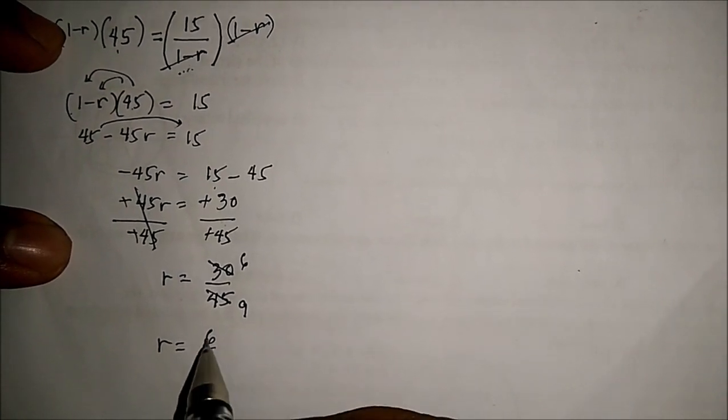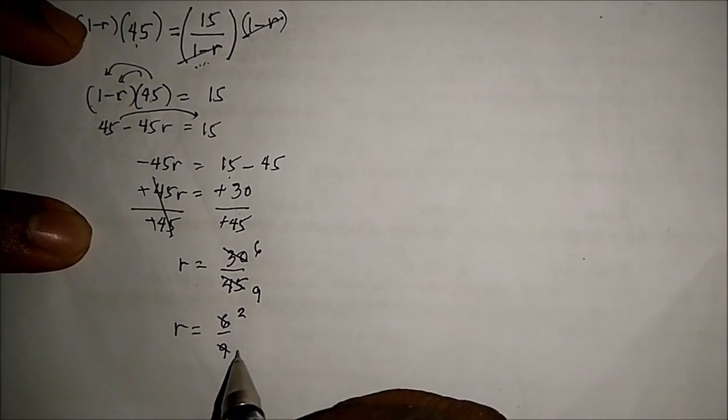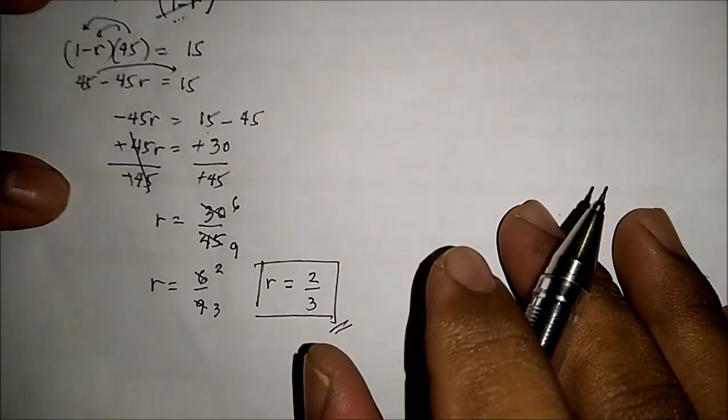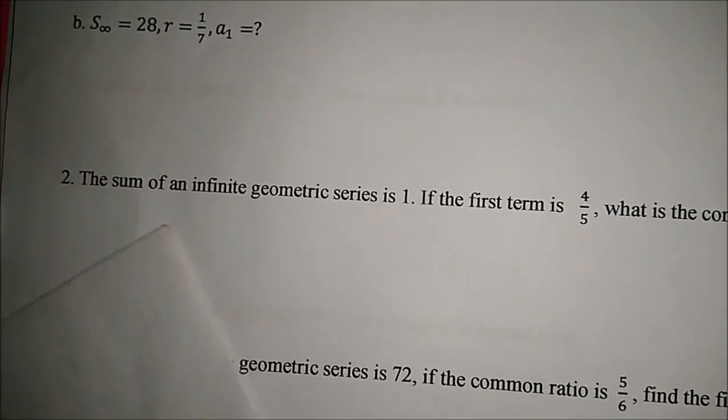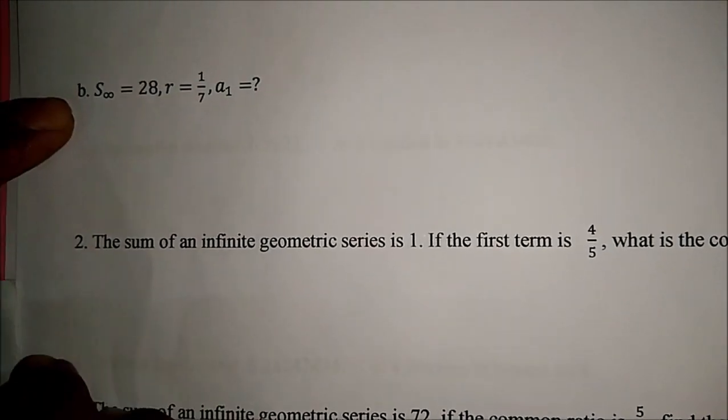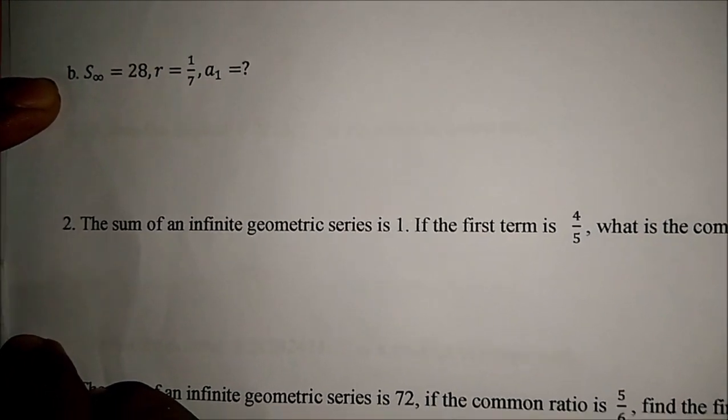We can divide both 6 and 9 by 3. 6 divided by 3 is 2, and 9 divided by 3 is 3. Therefore, the common ratio that we are finding is actually 2 over 3. That's simple. Madali lang. Kayang-kaya. Now, I think you can answer letter B on your own. That's for your practice.